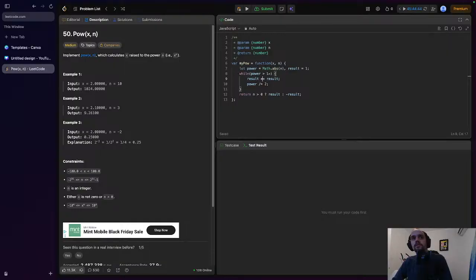So thinking about this, if it was 2, it should be squaring it. Negative exponent returns 1 divided by result.